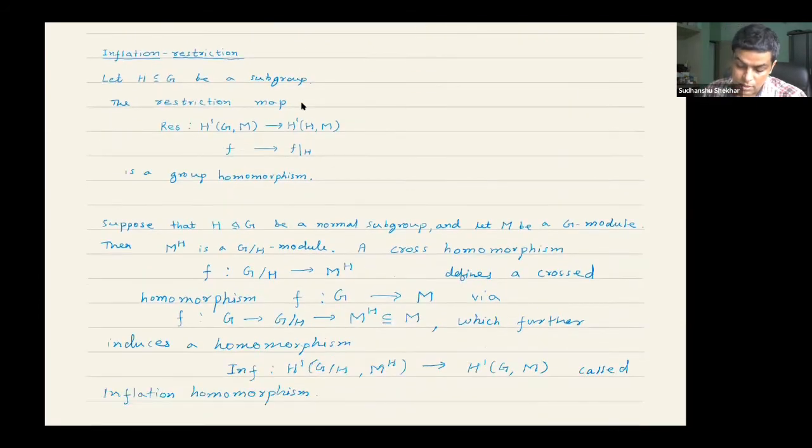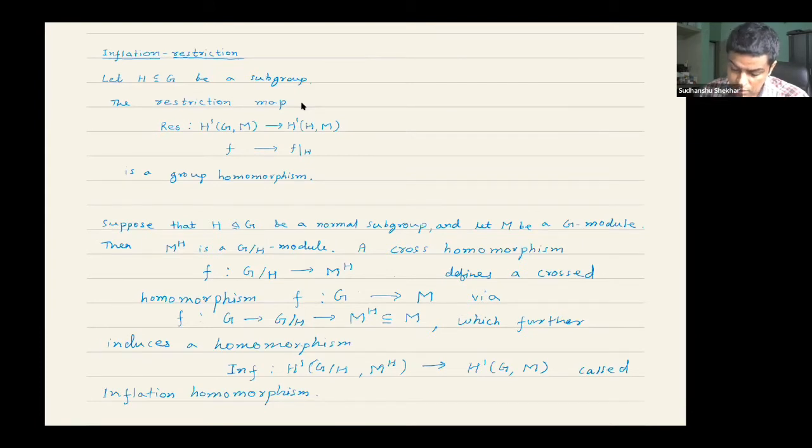Another map is called the inflation homomorphism. How is it defined? Let H be a normal subgroup of G and M be a G module. Then M fixed by H, that is H naught of H comma M, becomes a G mod H module.